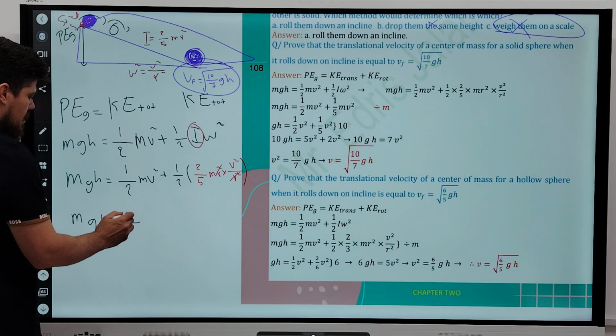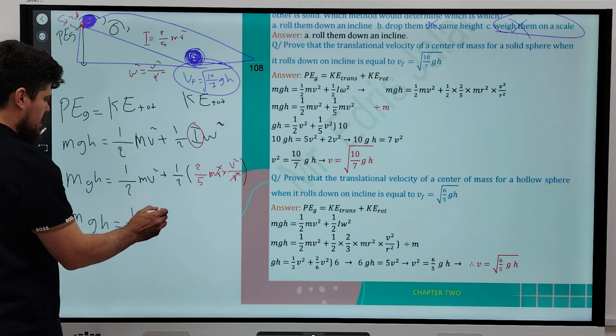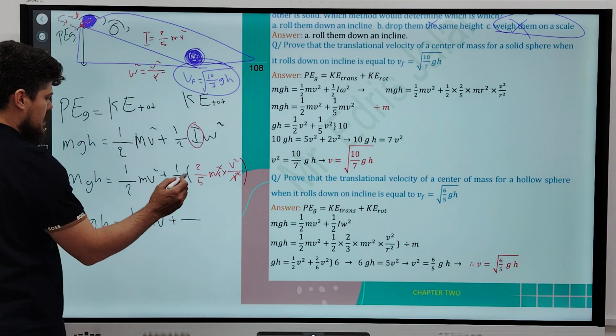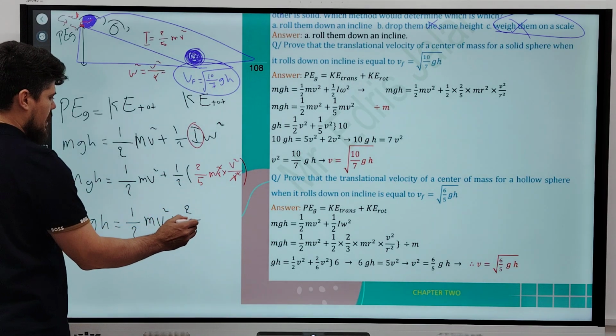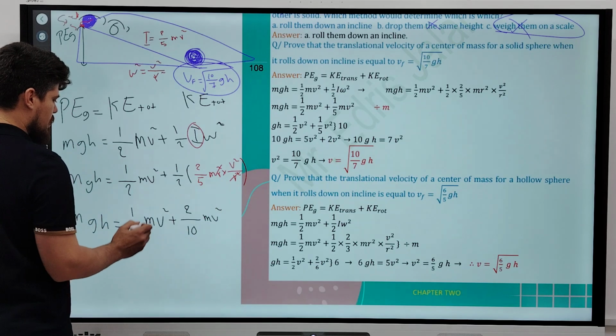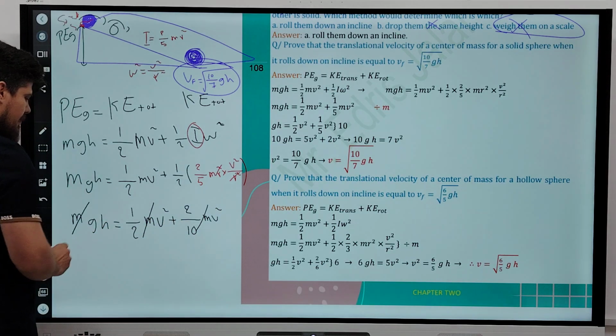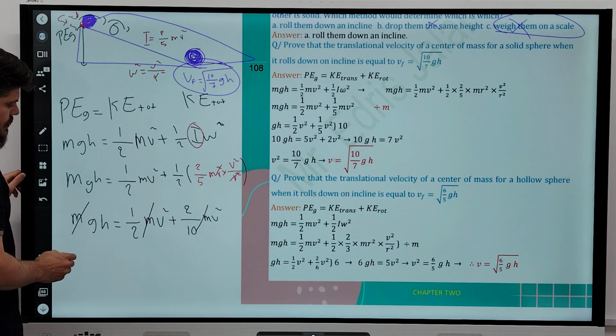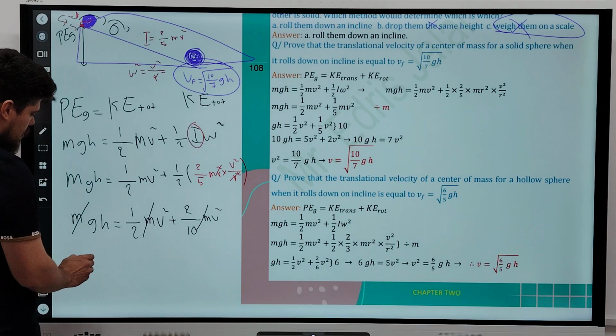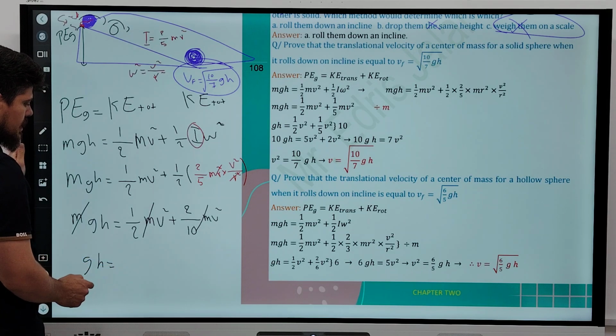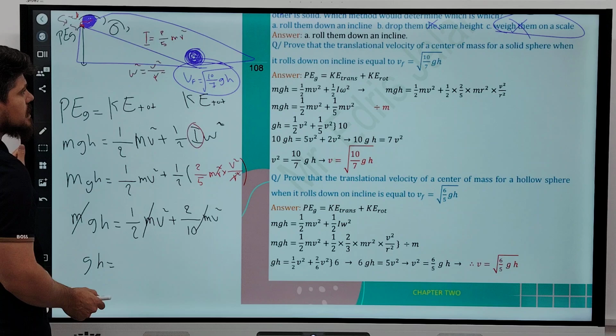mgh equals 1 over 2 mv squared plus 2 over 10 mv squared. M with m cancel. So in that case, gh is equal to what? 1 over 2 plus 2 over 10.